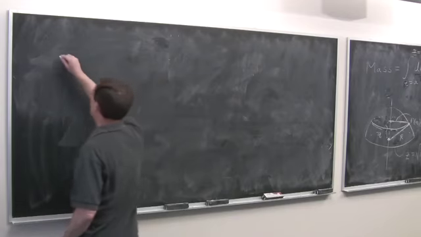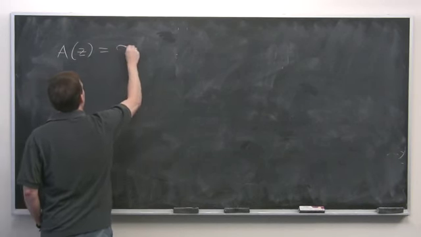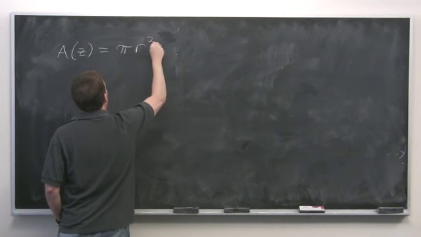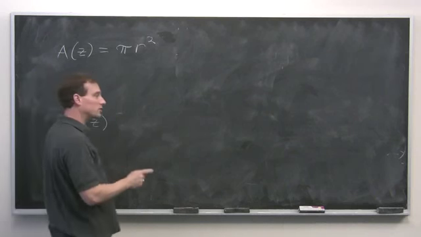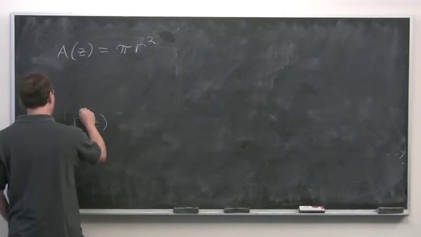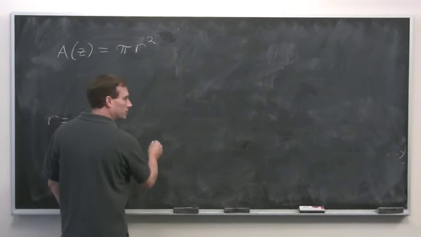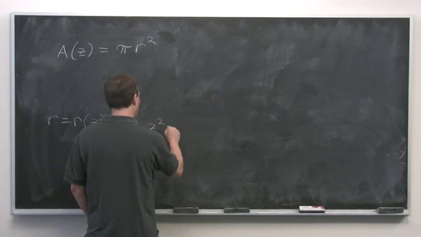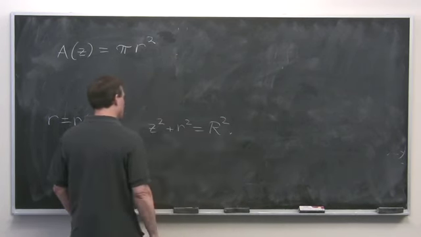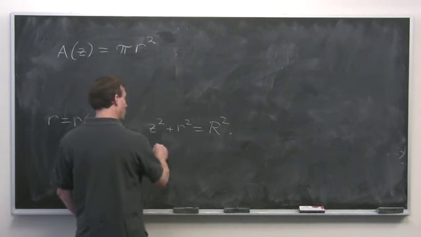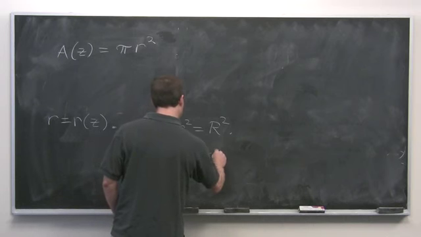So what's A of z? It's going to be pi times r squared, where r is r of z. What we just said was that z squared plus this little r squared should be capital R squared, which means that little r squared is capital R squared minus z squared.